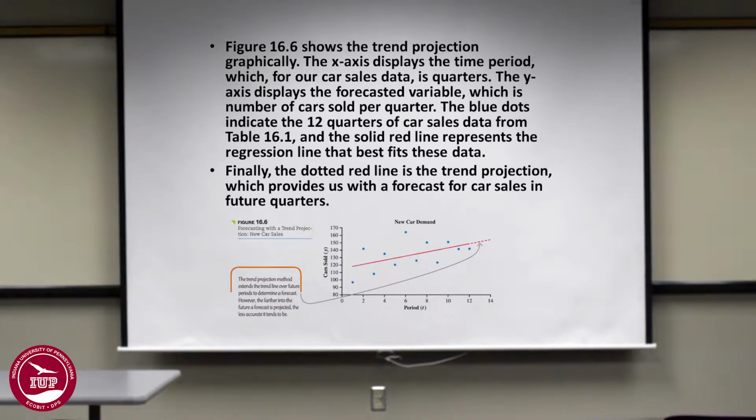The blue dots indicate the 12 quarters of car sales data from table 16.1, and the solid red line represents the regression line that best fits this data. Finally, the dotted red line is the trend projection, which provides us with a forecast for car sales in future quarters.